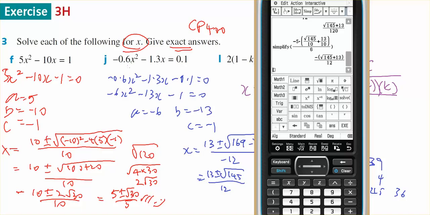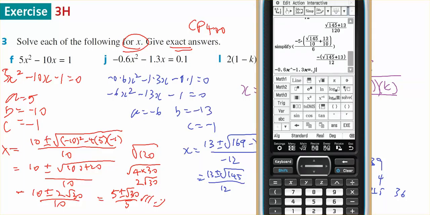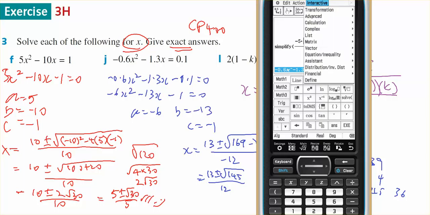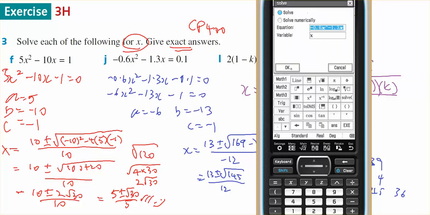And if I was just to type the original equation in the first place, negative 0.6x squared minus 1.3x equals 0.1, I would just type that exactly, interactive, advanced, solve for x.